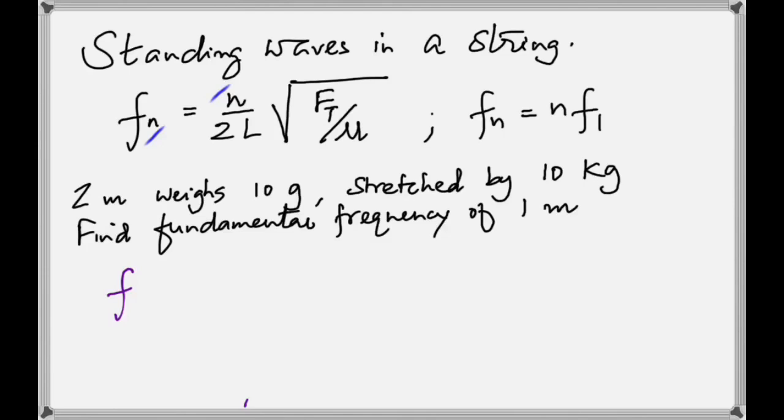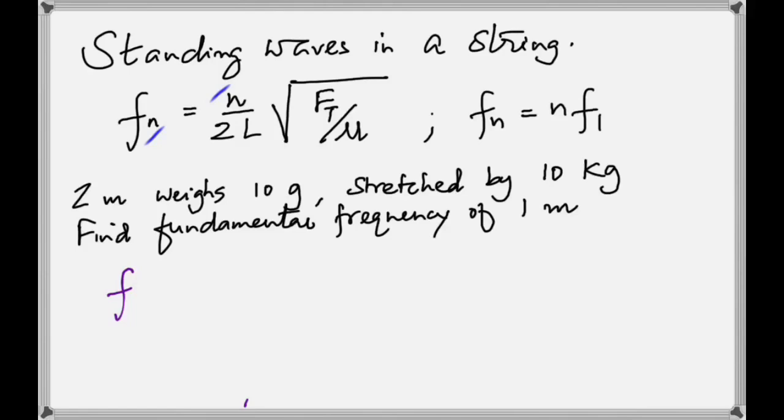Often this is very confusing for students because two lengths are given. Remember that this information is given only for you to find μ. Because 2 meters weighs 10 grams, that means 1 meter weighs 5 grams, which you've got to convert into kilograms. So that is what that information is given for.